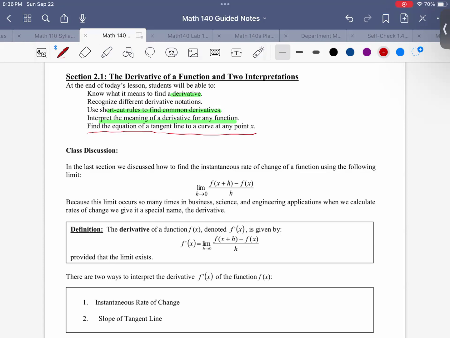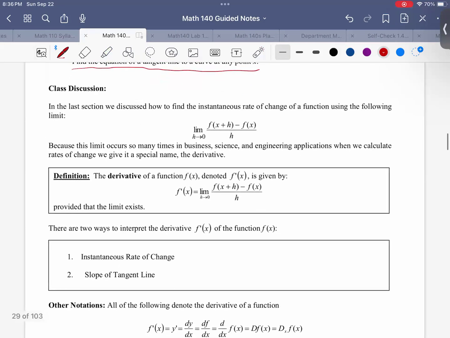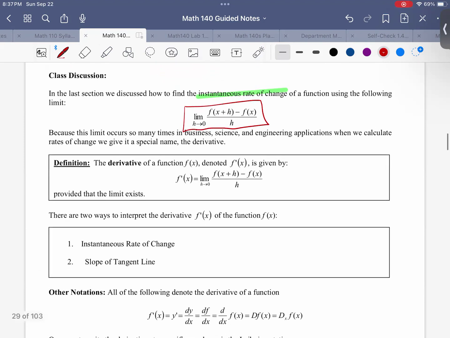of a tangent line. So in last section, we learned about that limit definition of instantaneous rate of change by using this limit, right? We also found average rate of change around intervals. But this is a limit that occurs so many times in business, science, engineering. When we calculate rates of change, we give it a special name called the derivative.